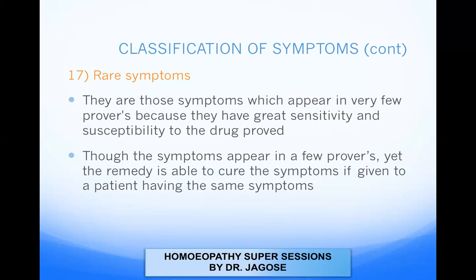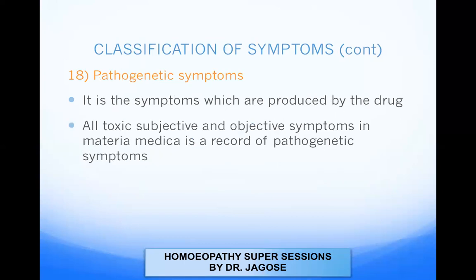Therefore, though the symptoms appear in only a few provers, the remedy is able to cure the symptoms if given to a patient having the same symptoms. So though these symptoms may only appear in one or two provers, they can be useful if the patients have the same symptoms and the similar can be obtained.